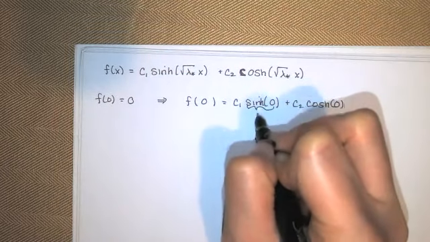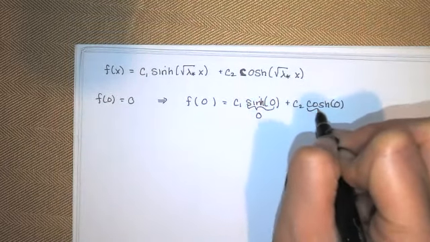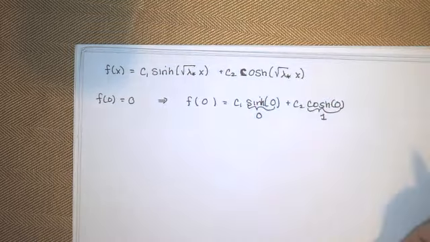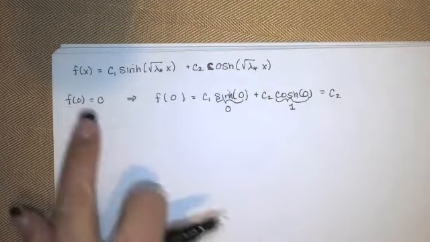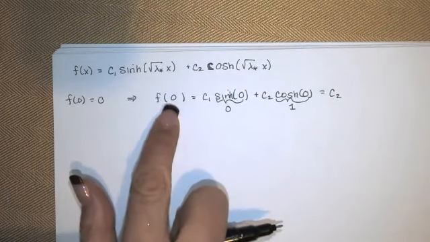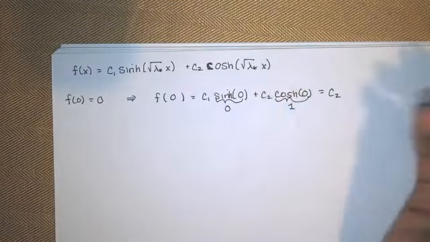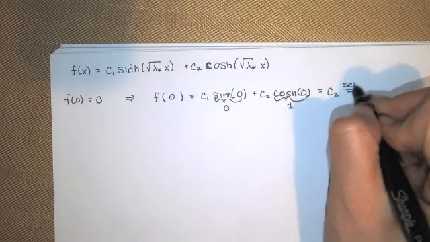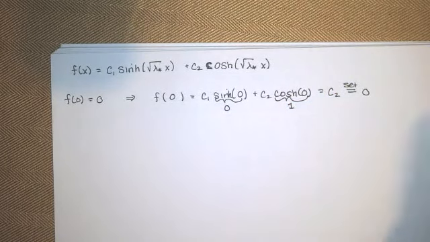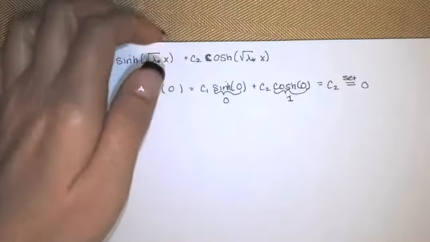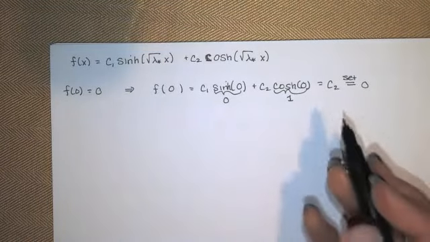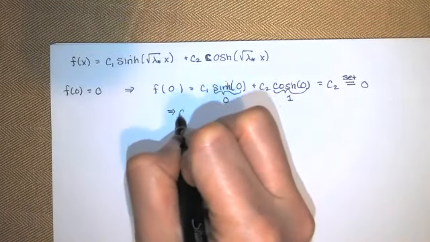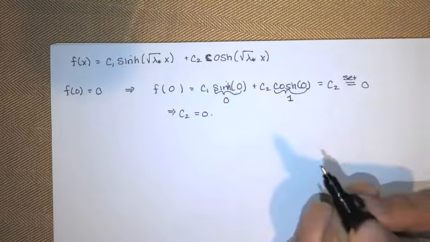And then remember from calculus 1 or 2, wherever you learned about hyperbolic functions, that this is 0 and that's 1. So we're just going to get C2 there. And we're told that f of 0 is equal to 0. And we also know that f of 0 has to be C2. So we set that result equal to 0. And then typically we would have a relationship involving C1 and C2. This one's really simple. This one just tells us that C2 must be 0. Okay, so we know that C2 is 0.